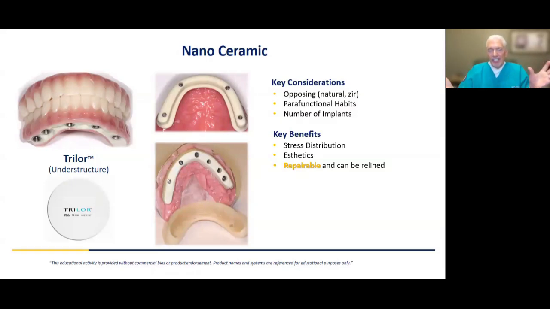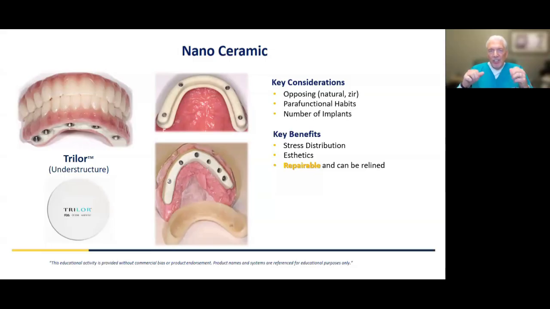What we've heard, and we don't have studies to back this up, but when I took my training on this a few years ago with the manufacturers' engineers, they talk about this Trilor material having a consistency, sometimes they talk about modulus of elasticity, something like maybe a D1 bone.